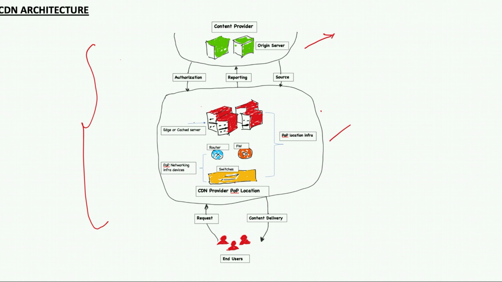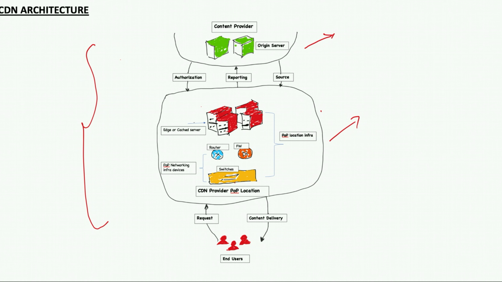Second is the POP location. This is managed by the CDN provider who provides the CDN services to many businesses. This is the basic building block in CDN infrastructure. The POP is nothing but the different regional data centers responsible for providing the cached website content to the end user in their local proximity.